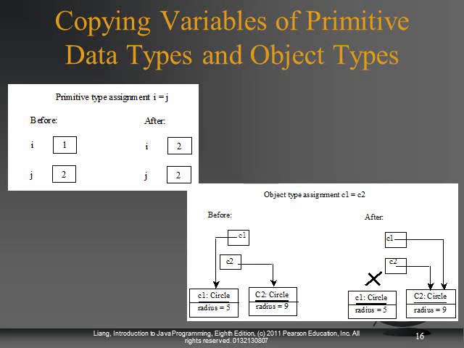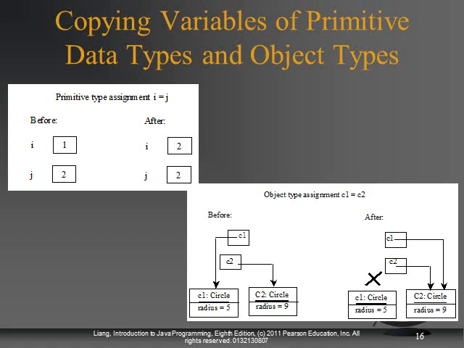Well, we've learned before that copying primitive variables or copying reference variables have different results. When we copy one primitive variable to another, we have two variables occupying different memory locations, as in copying i to j. However, when setting one reference variable equal to another, both the reference variables end up pointing to the same object.